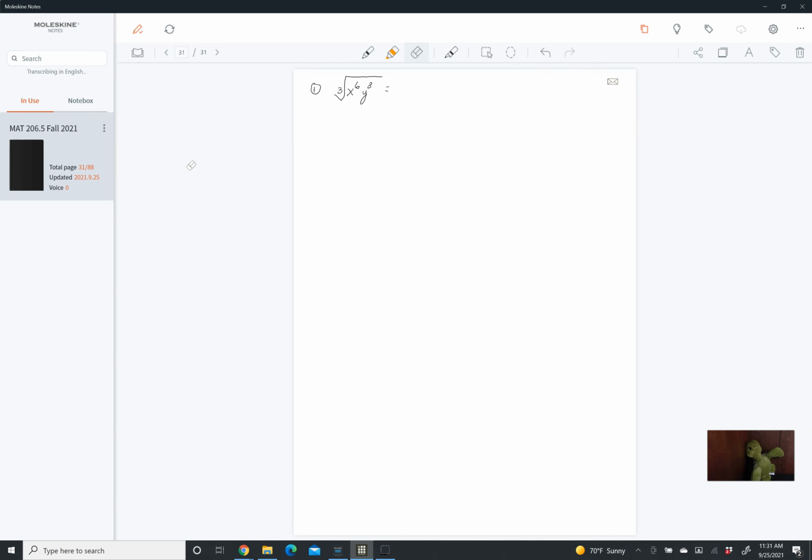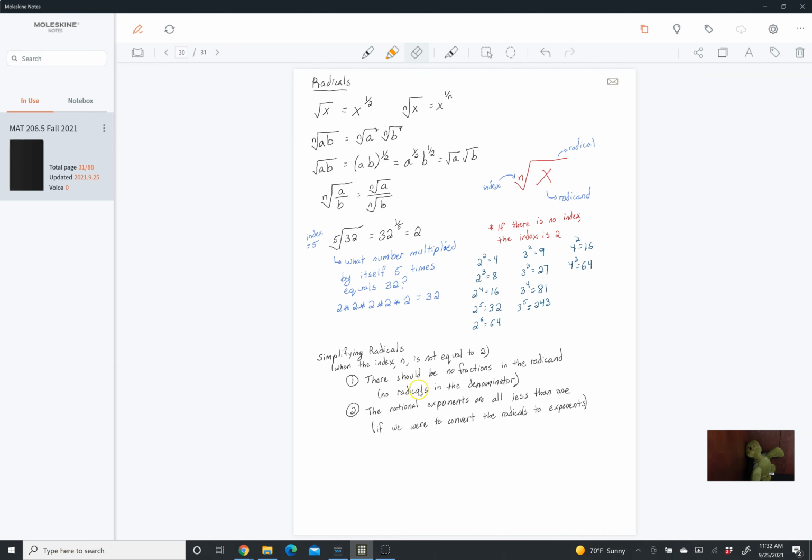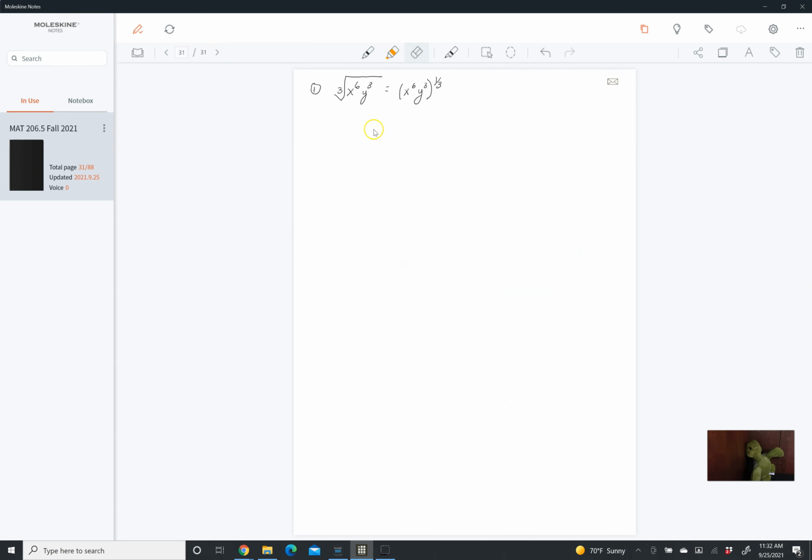So we have x to the 6th, y cubed, and this is really being raised to the 1/3 power. So this is what we mean by taking the radical and turning it into something exponential, right? On the last page, what we did is we said, if we were to convert the radicals to exponents, so we're converting the radicals to exponents right now.